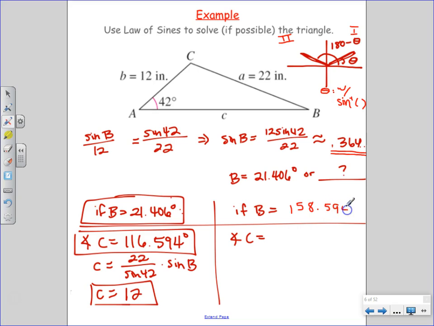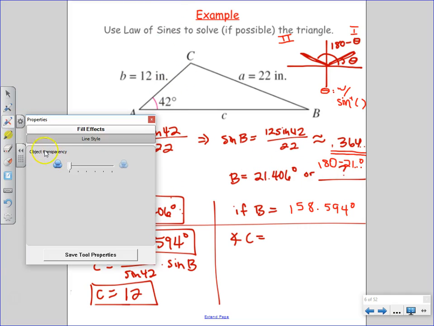Now, the question is, do we need to keep going? Are there two possible answers? Could you add the angle A to see the result? Because if we know the property is that all angles add up to 180, what if we added A and B together and forget the 180, would we know that would be impossible?